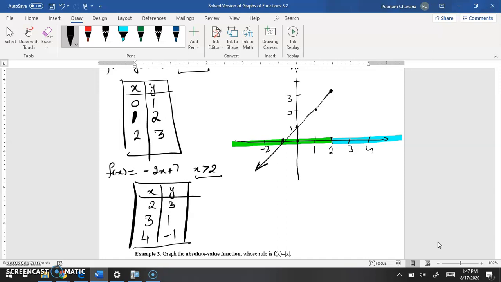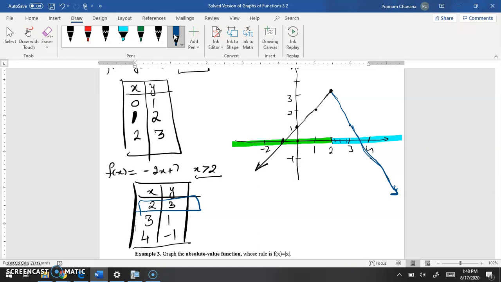So let's plot these points. At 3 it is 1. At 4 it is negative 1, somewhere here. If I join these points, my line goes somewhere like that, right? This has to be a straight line going this way. Now I found at 2 this is 3. That is the same point here. That means this graph continues until here, because for every point above 2 this line holds.